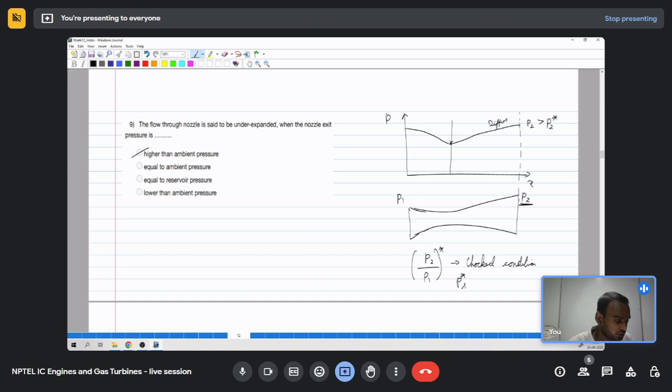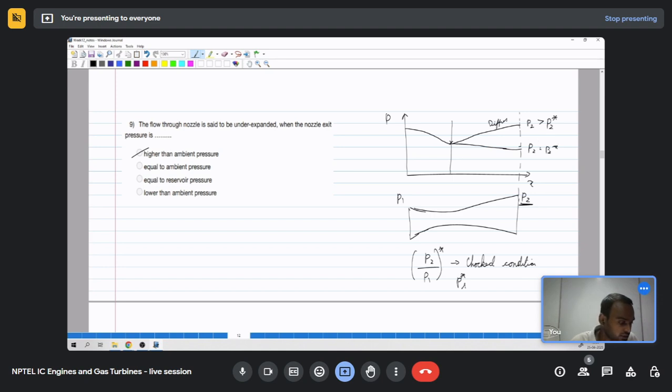Now when P2 is equal to P2 star, it will start to reduce the pressure, expand, and then you will reach a choked condition.